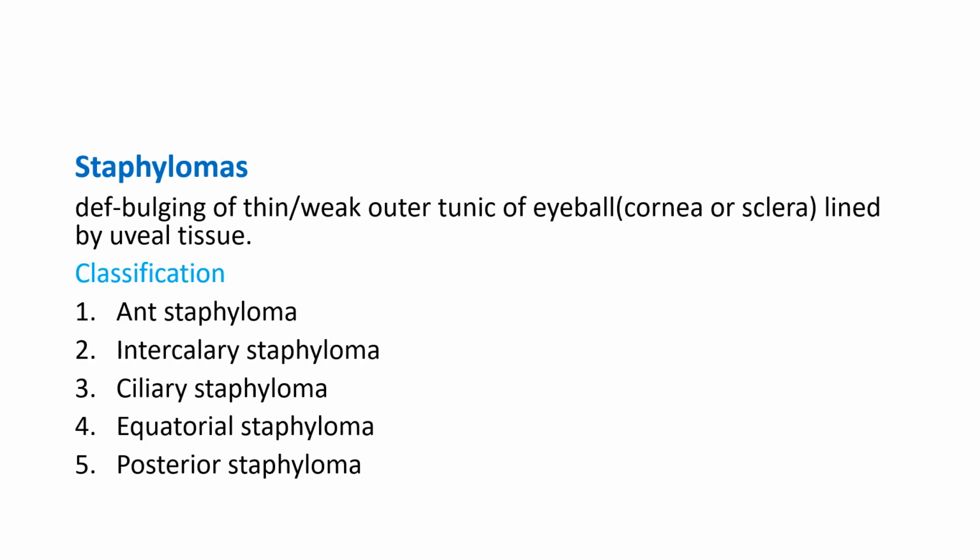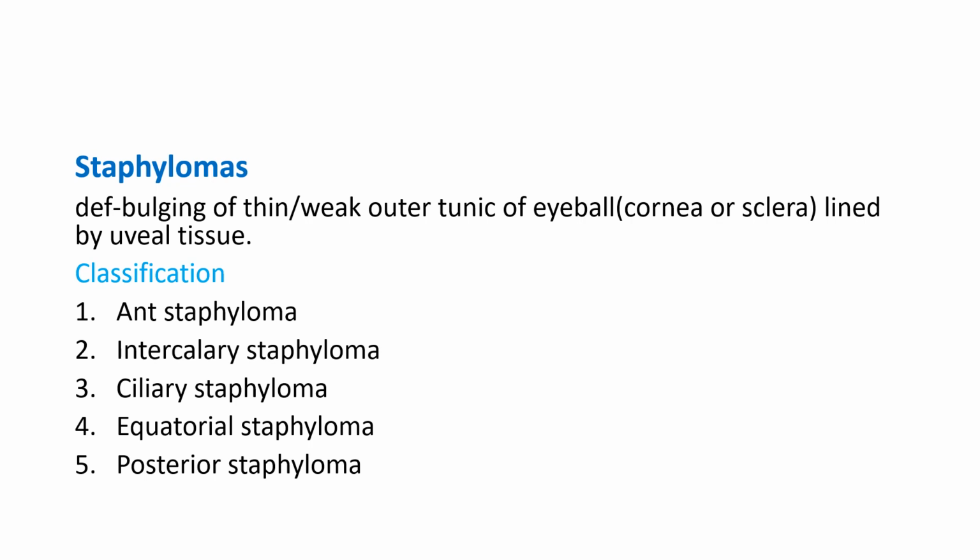Staphylomas. The definition of staphylomas is important. The definition is bulging of the thin or weak outer tunic of the eyeball, which can be cornea or sclera, lined by uveal tissue. So there should be a lining of uveal tissue.